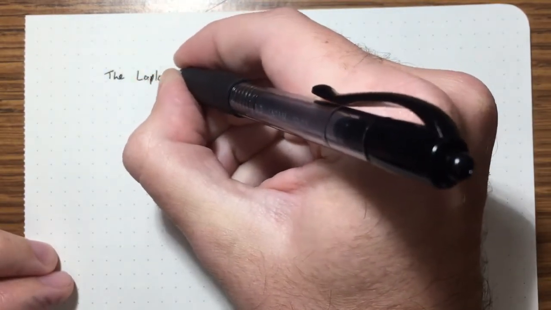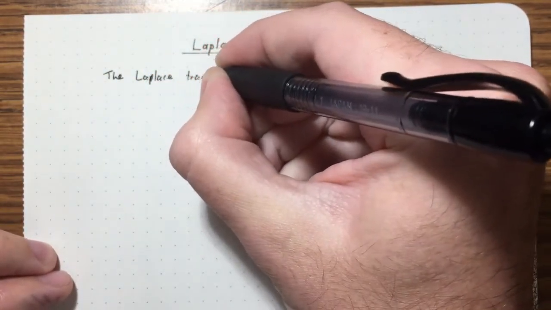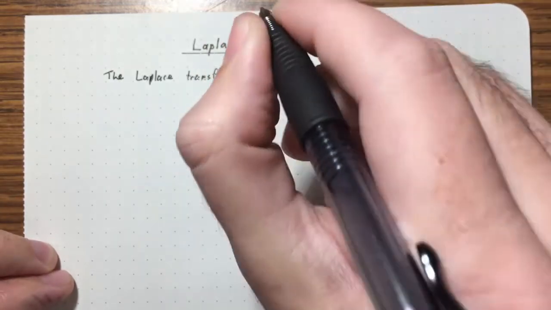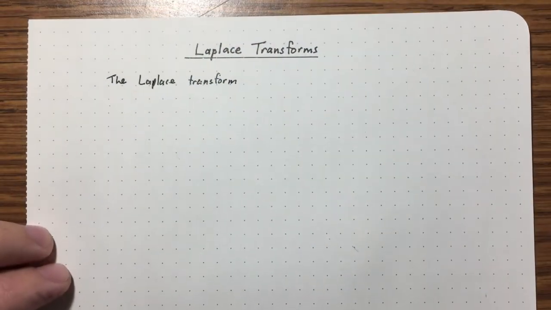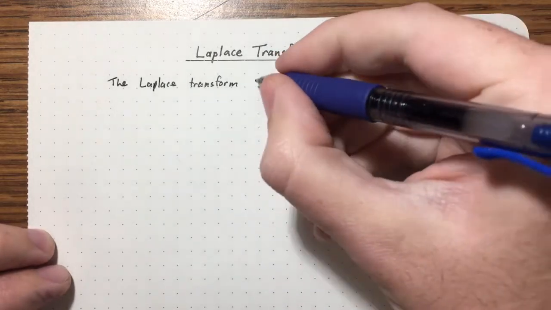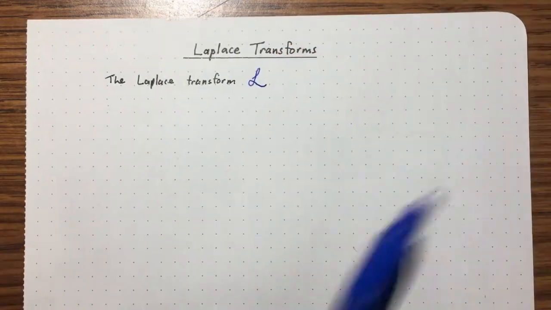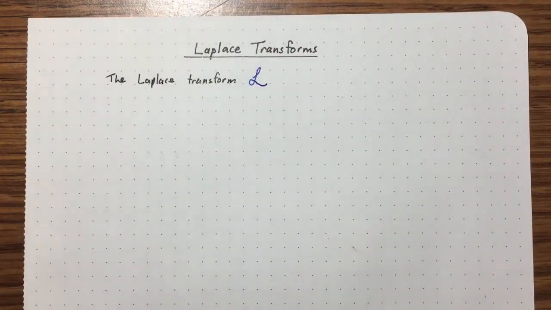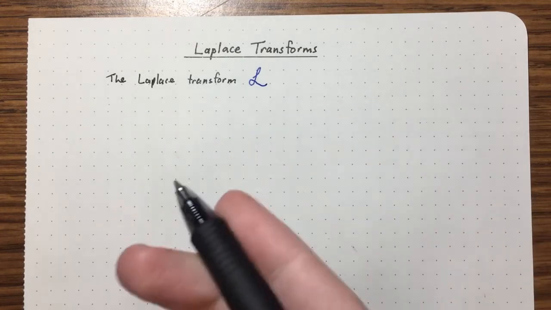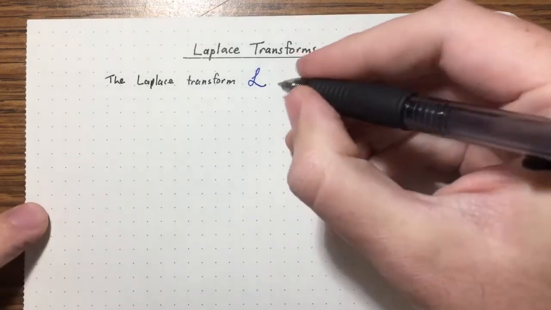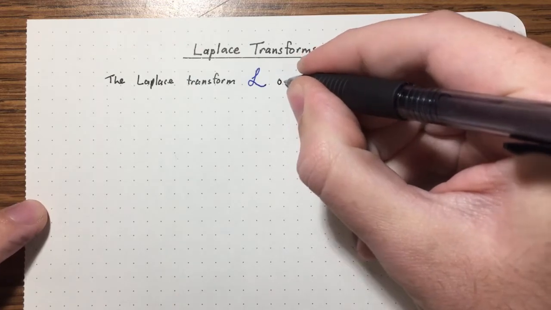So the Laplace transform, and we're going to use this symbol, a curly L, to indicate a Laplace transform. It has an input and an output. So what is the input? The input is a function.